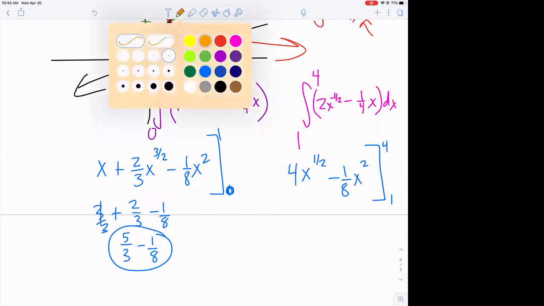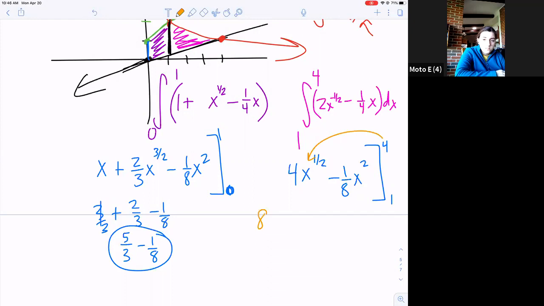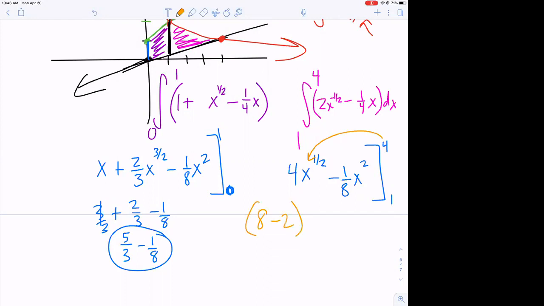All right, and we plug in 4. That's actually really nice. Square root of 4 is 2. 4 times 2 is 8. And then square root of 16 times an 1/8 is 2. So 8 minus 2 is 6. That's nice. Subtract out what we get when we plug in 1. Square root of 1 is 1 times 4 is 4, minus an 1/8.